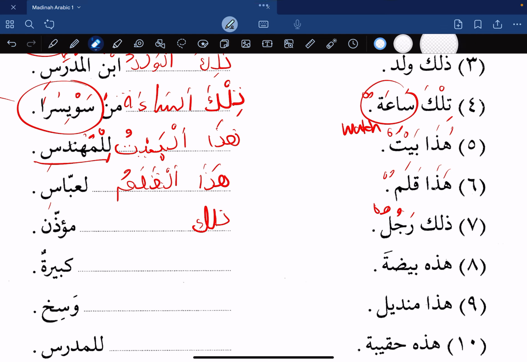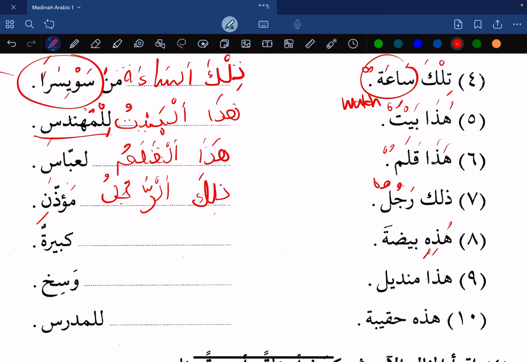The ism al-ishara is going to remain the same. We don't change it. ذلك الرجل مؤذن. That man is the muazzin. This, you kind of have to make sense. You kind of have to see what the situation is about, right?